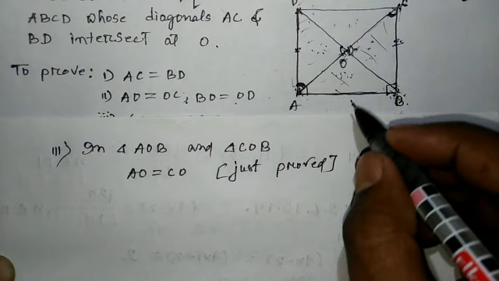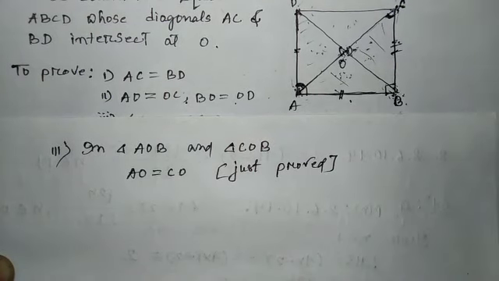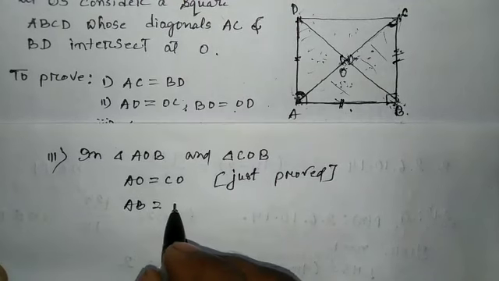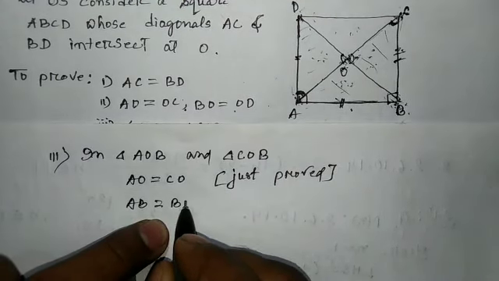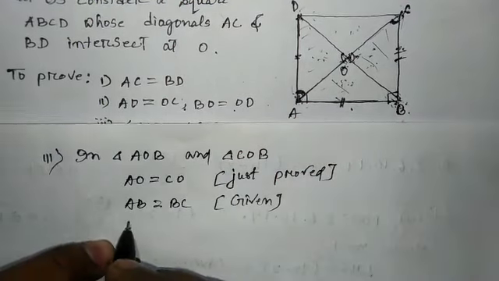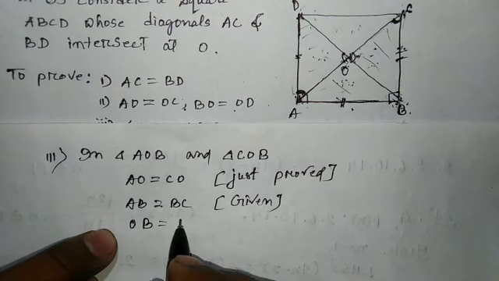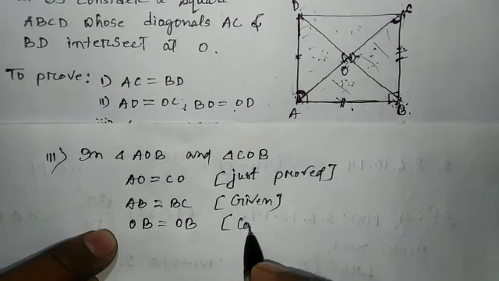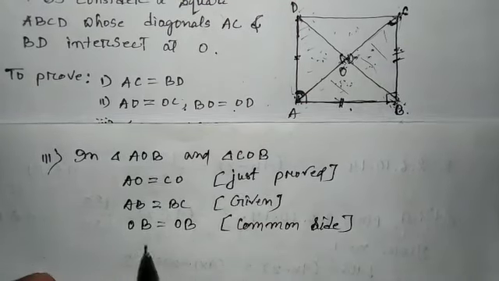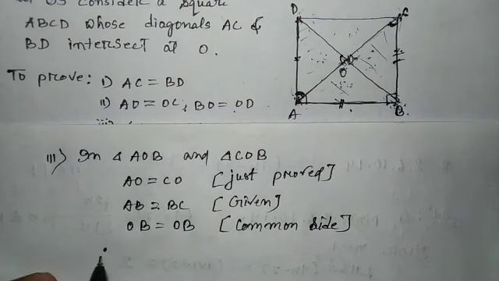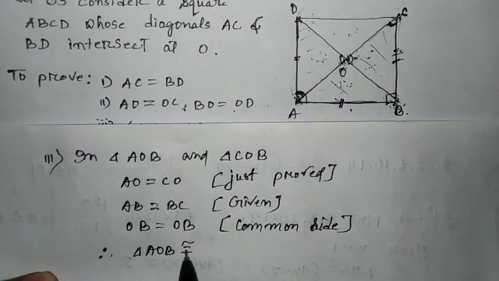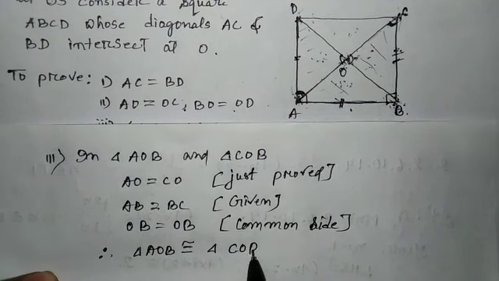Again see, AB is equal to BC, given because ABCD is a square, and OB is equal to OB, common side. So by side side side criteria, triangle AOB is congruent to triangle COB.